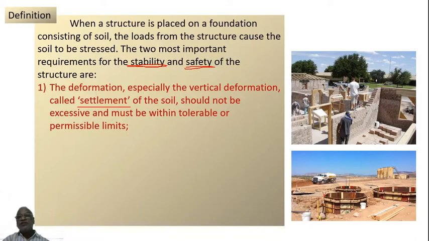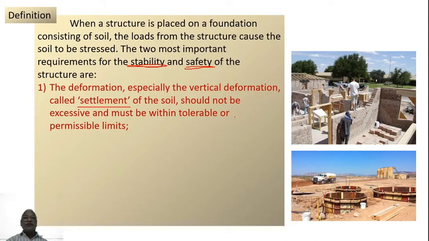So if the whole structure settles as it is, down maybe a meter or so, the building which was at the ground level is now below by 3 feet or 1 meter. Hardly there will be any difference. But if part of the building settles, then there will be a problem.